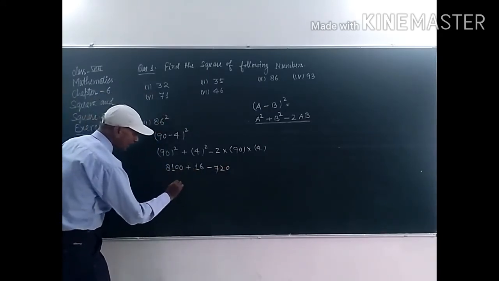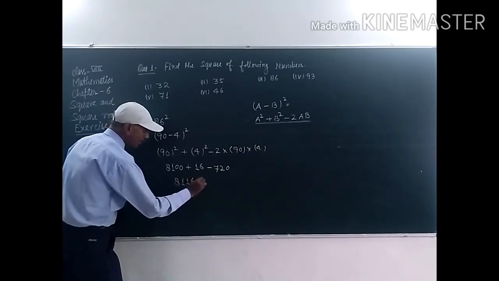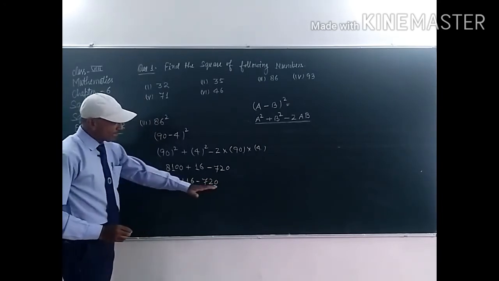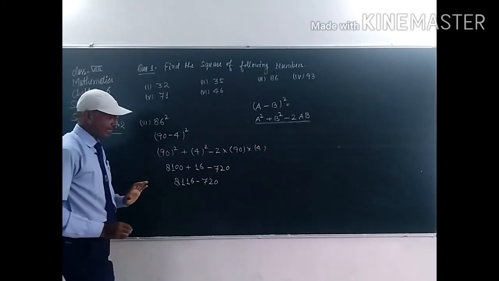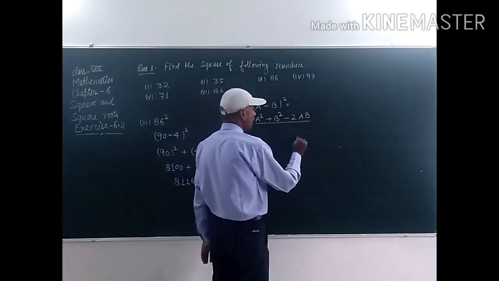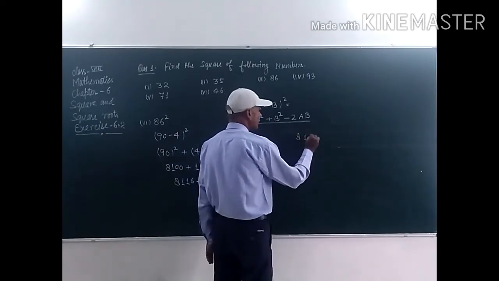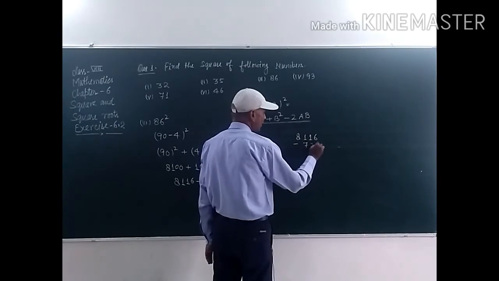This one, 8116 minus 720. Now subtract 720 from 8116. Clear student? So 8116 minus 720.